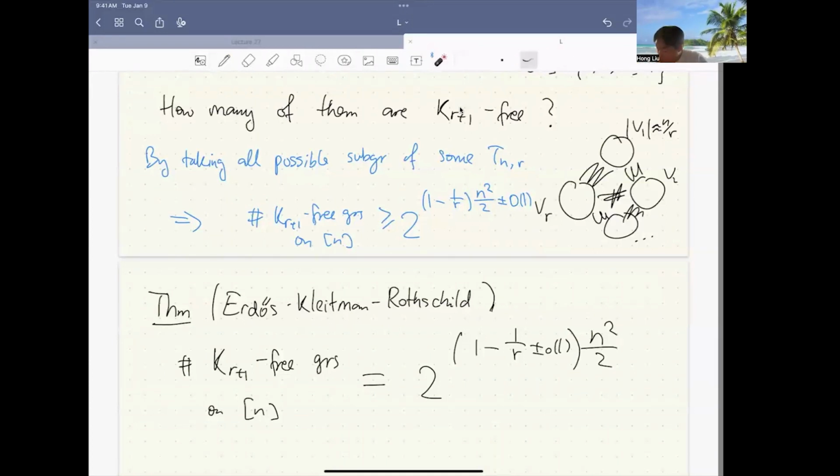So up to some little o of n squared error in the exponent, this constant is tight.